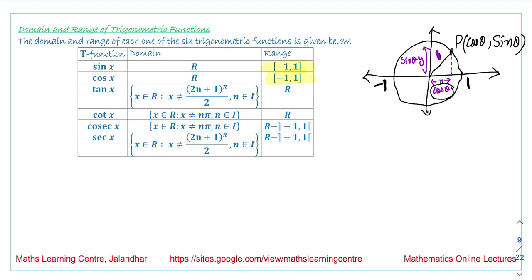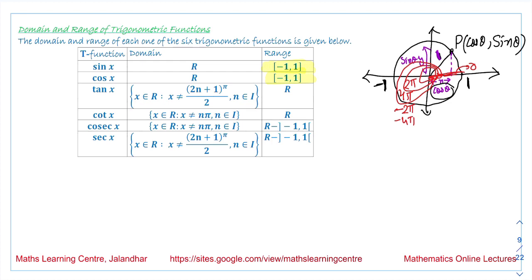When we look at the domain of this function, the angle starts from the value 0. Suppose it has made one rotation, the angle we obtain is 2 pi. It has made the second rotation, the angle we obtain is 4 pi. If it is moving in the clockwise direction, the angle may be minus 2 pi, minus 4 pi. It means we can substitute any real number as the value of theta.